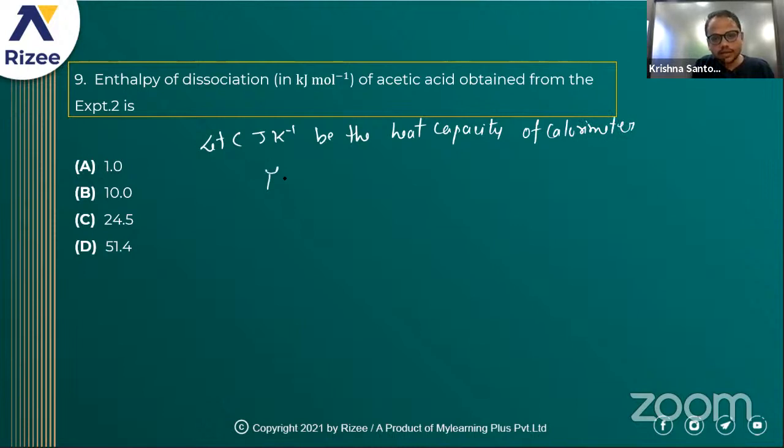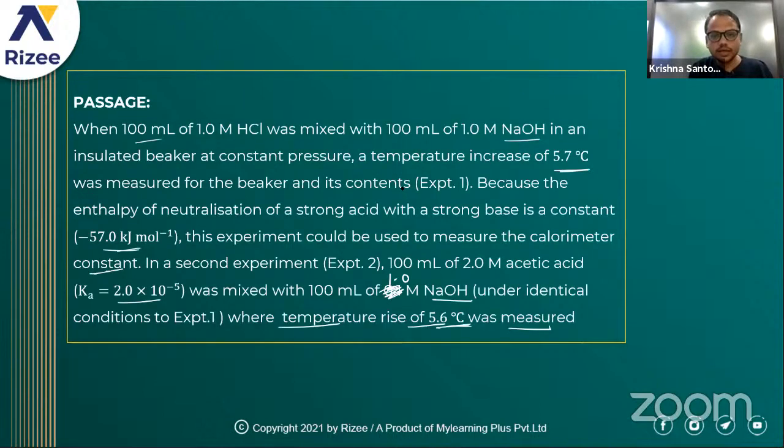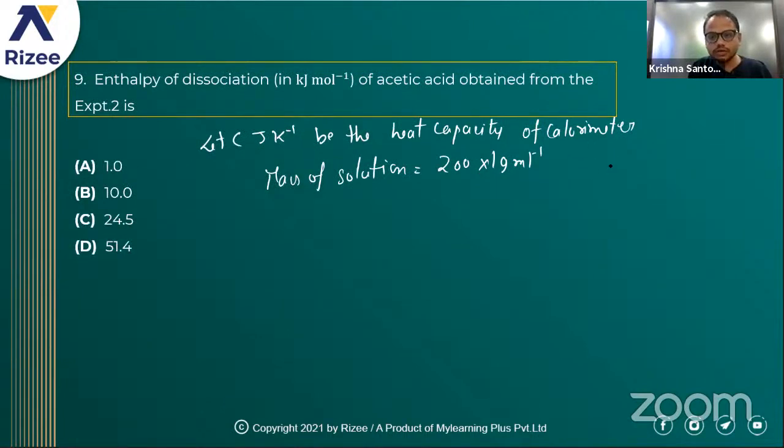Now the mass of the solution will be 200 ml, because 100 plus 100 means 200 ml we have. So 200 times 1 gram per milliliter equals 200 grams. First of all, we have to find the calorimeter constant from experiment 1.